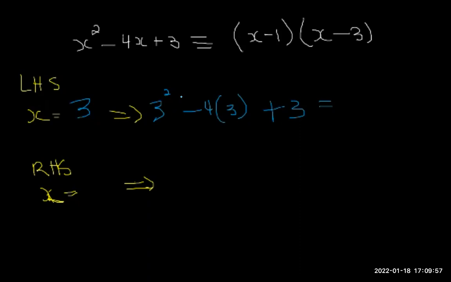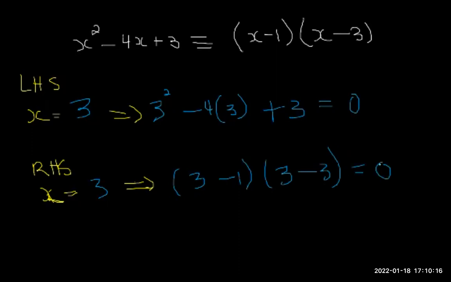So that's 9 minus 12, that's minus 3 plus 3, which is 0. On the right, 3 minus 1 times 3 minus 3. 3 minus 1 is 2, but 3 minus 3 is 0. Anything multiplied by 0 is going to give me 0. So when x is equal to 2 and when x is equal to 3, I get the same answer on both sides.